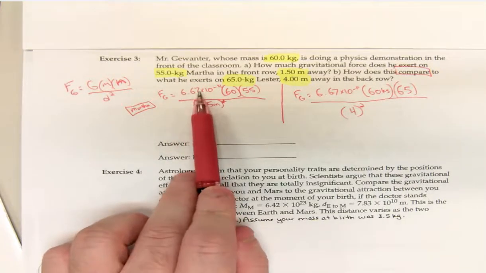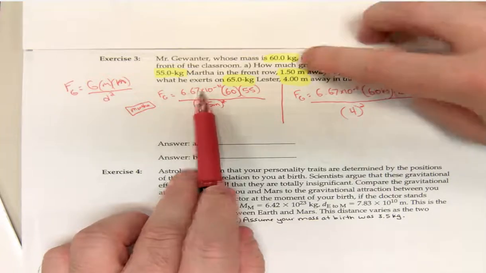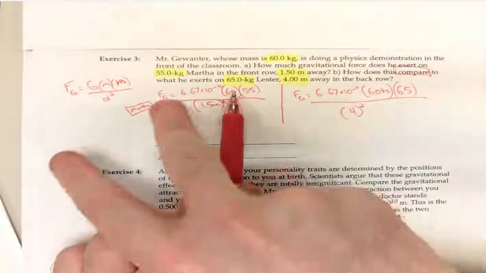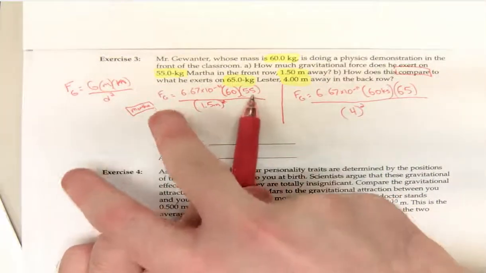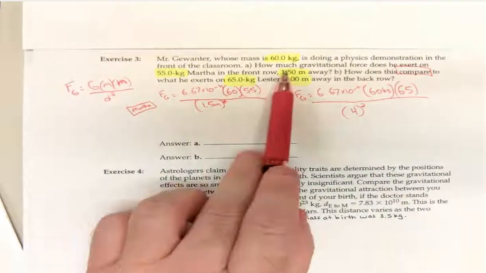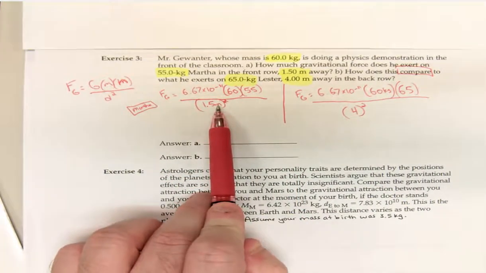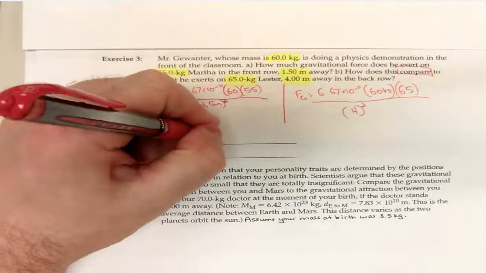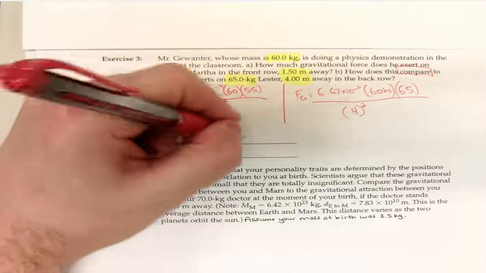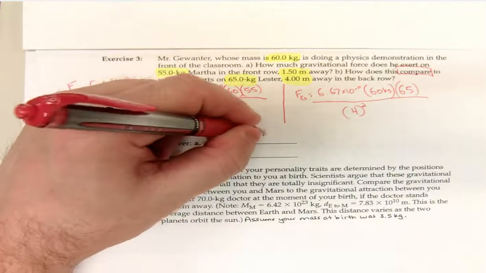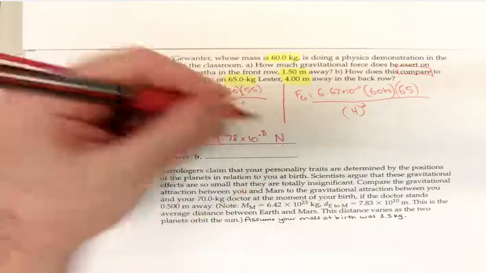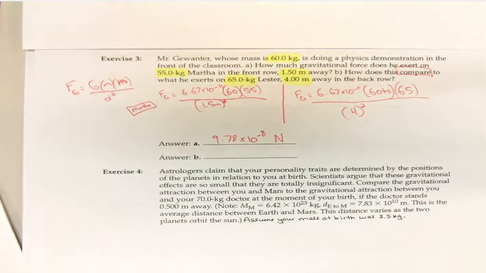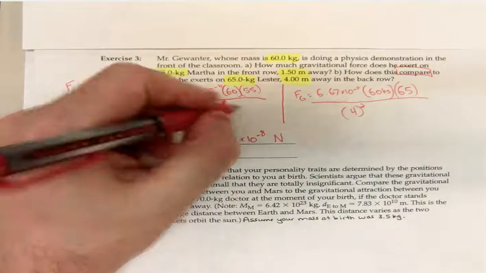So we do the gravitational constant times the first mass times the second mass, divided by the distance squared. And you should have gotten 9.78 times 10 to the minus 8, and then it's a force, so we know it is newtons. Cool. Good. So that was this one.